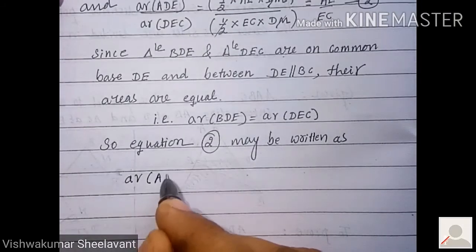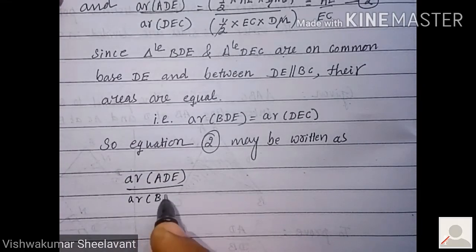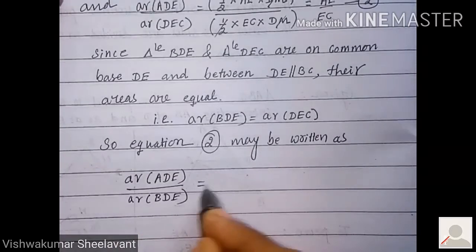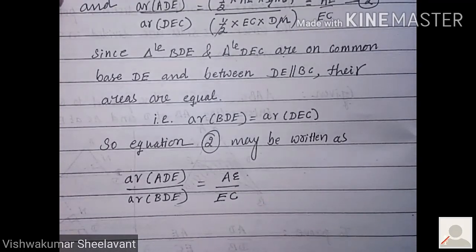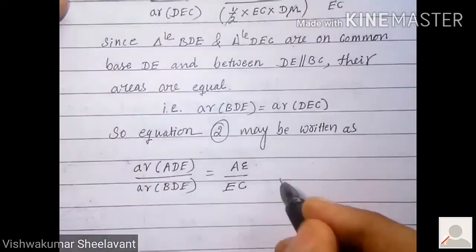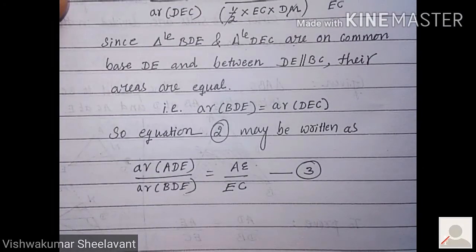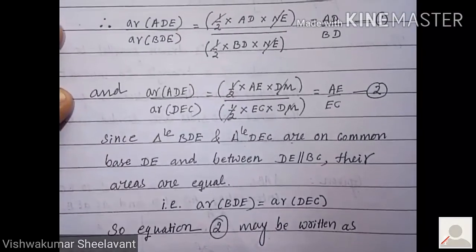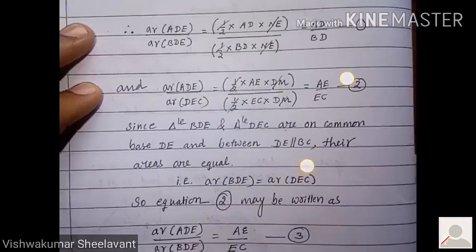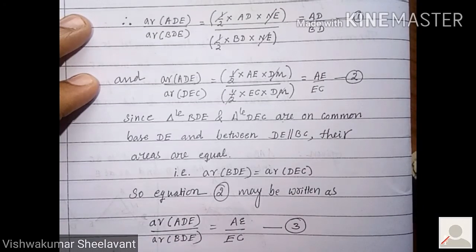Area of ADE by area of BDE equal to AE by EC. Now call it 3. Now look at equations 1 and 3. What do you find?